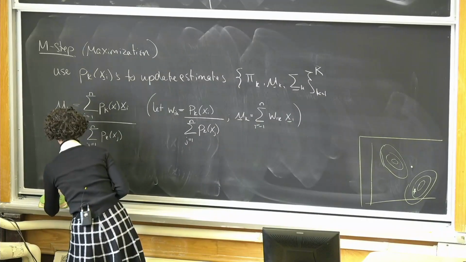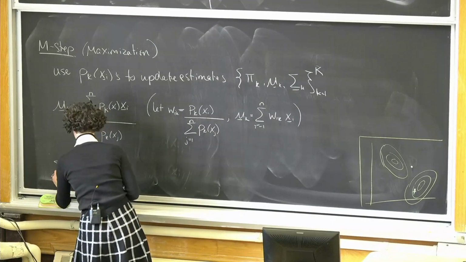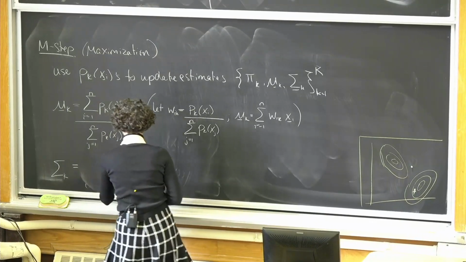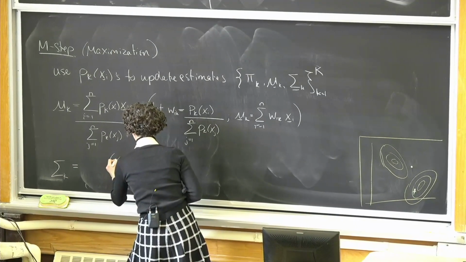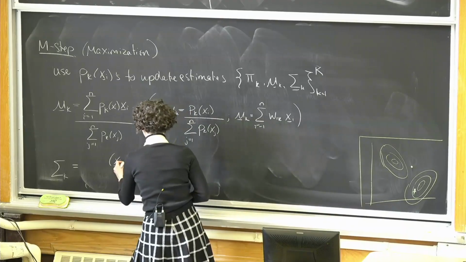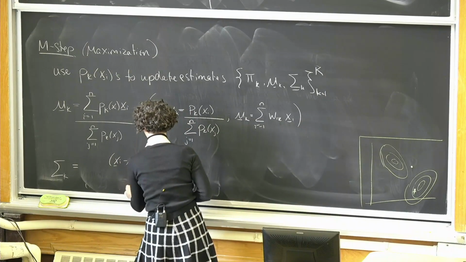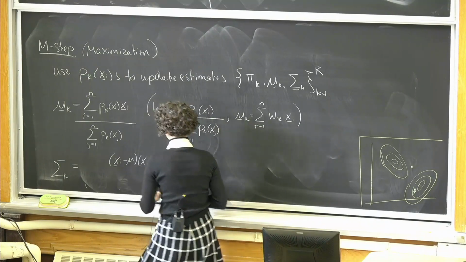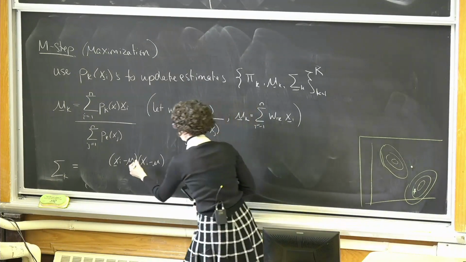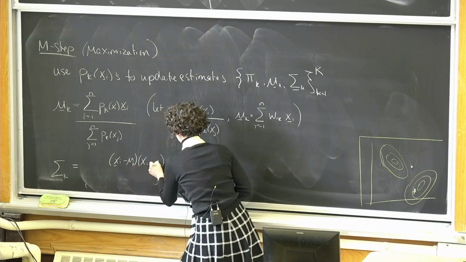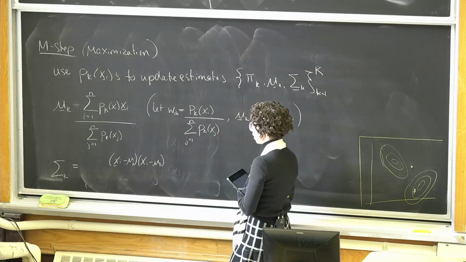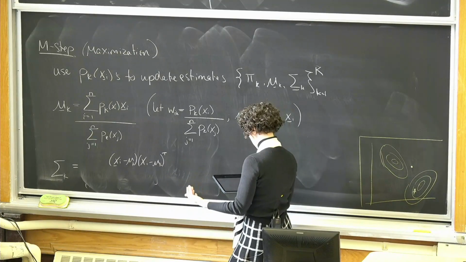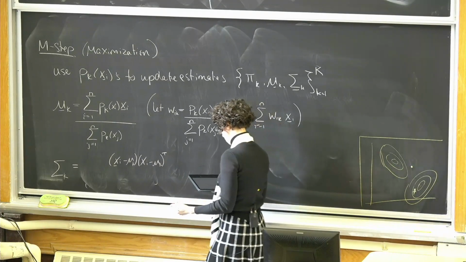Similarly, we are going to update our estimate of sigma for the kth Gaussian. Before, we were looking at the average of the x_i's minus the means, outer product with each other, like this. So now we're just going to use our estimate of the means, the mu_k's, and compute this weighted average just like we did before.